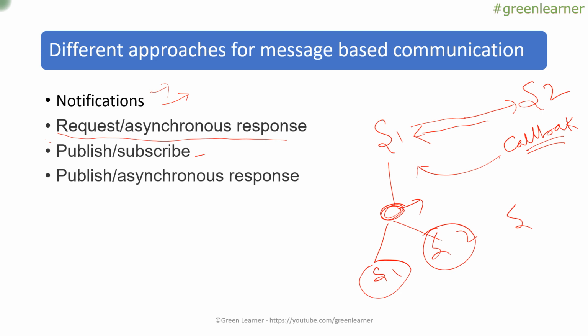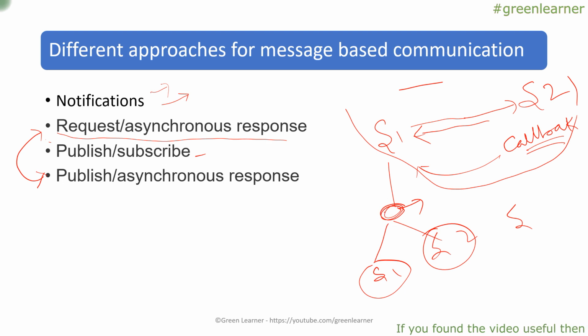Next is publish and asynchronous response, which is very much related to the second one we have seen. In request asynchronous response, direct communication was happening and the complete communication was happening through the callback. But here, when a message has been delivered to the broker and any of the services want to respond to S1, they can generate some event, some messages, and then S1 can listen to that from this broker as well.